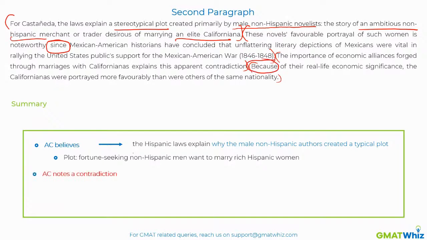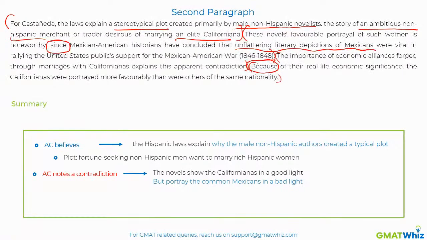And if you read it properly, she notes a contradiction. She notes that the novels show Californianas in a good light, but the novels portray the common Mexicans in an unflattering depiction. That is the contradiction she notes.